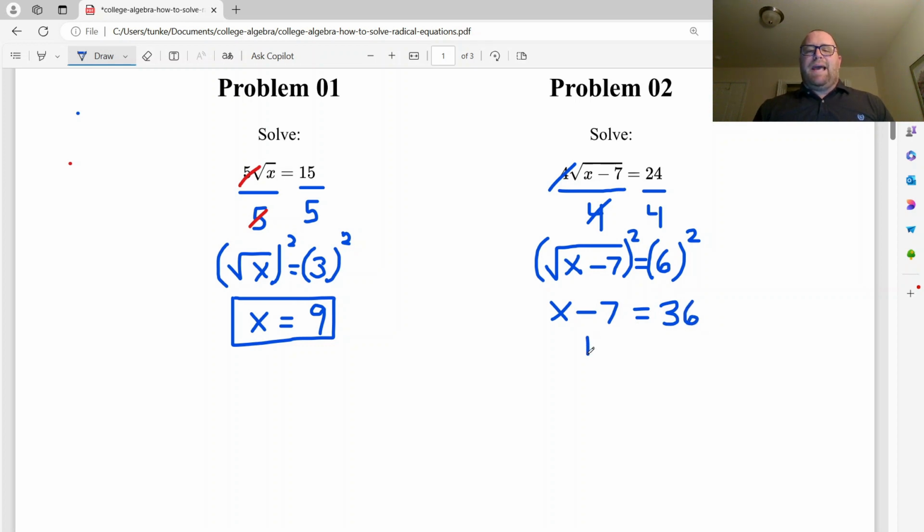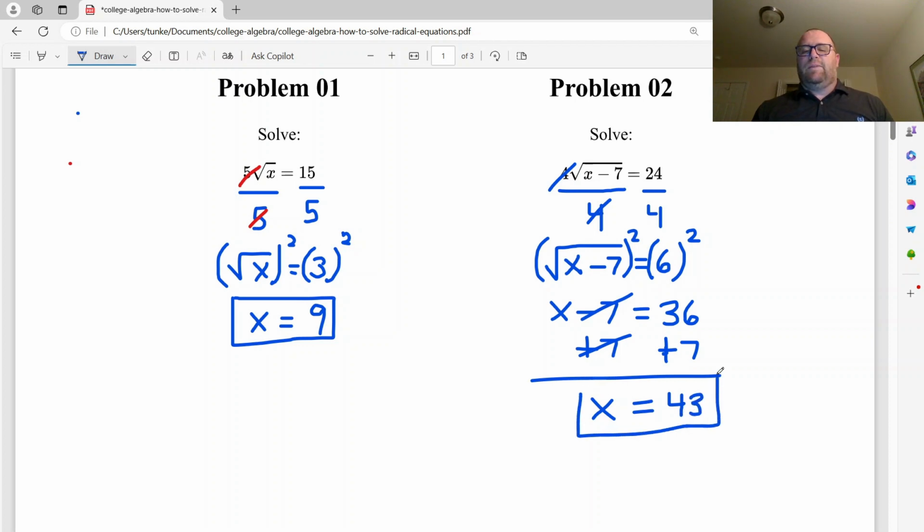We now want to add 7 to both sides to undo this subtraction of 7. Okay, these will cancel. We're going to be left with x equals 36 plus 7, which is 43. There we go. We've got that problem done.